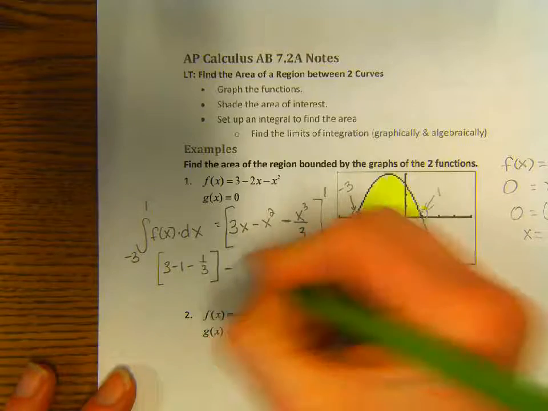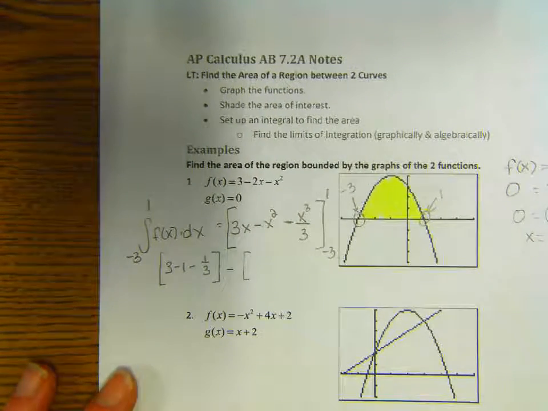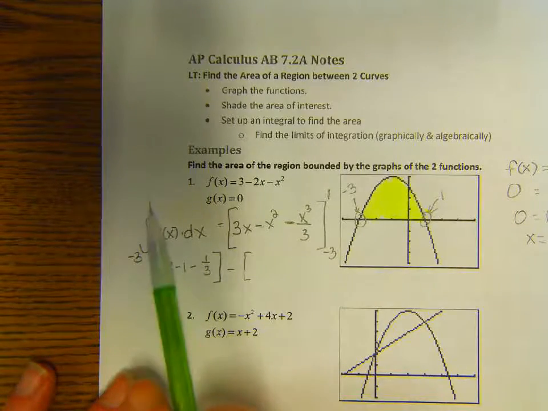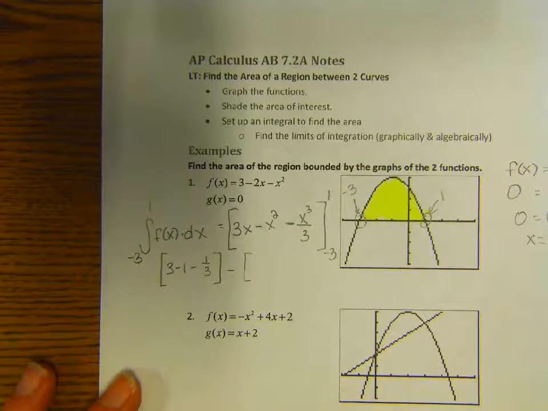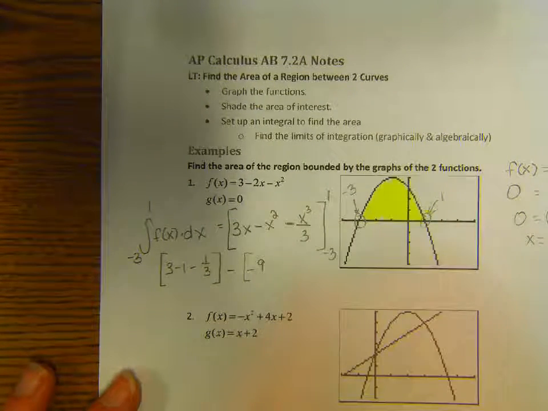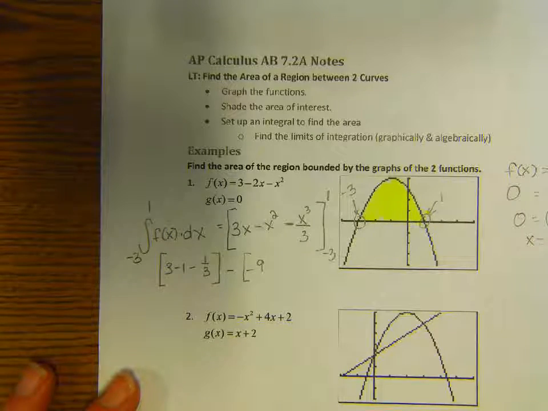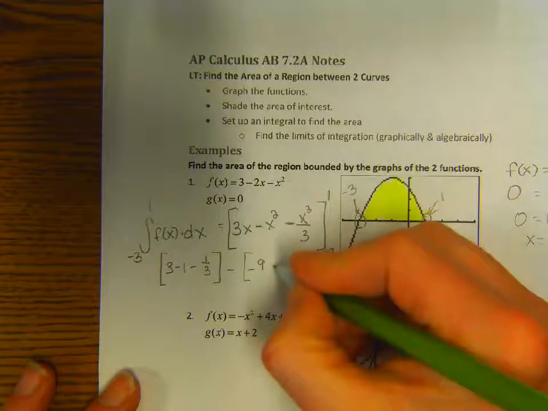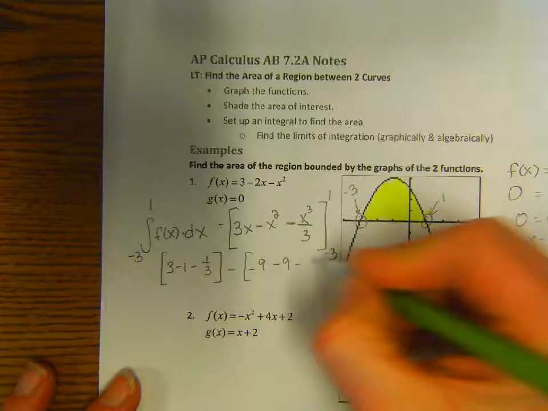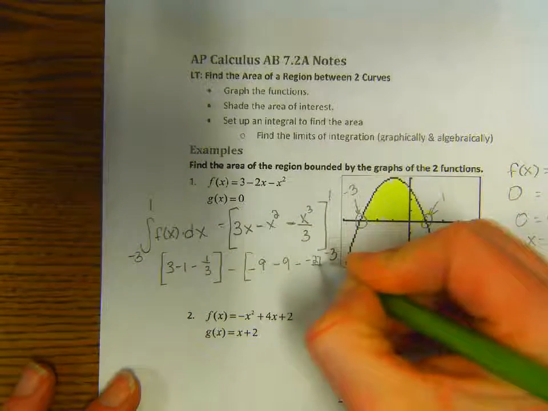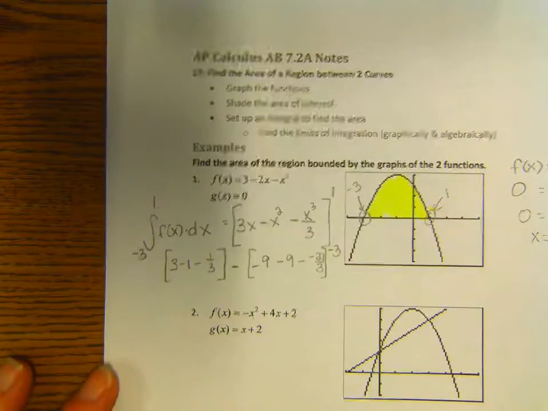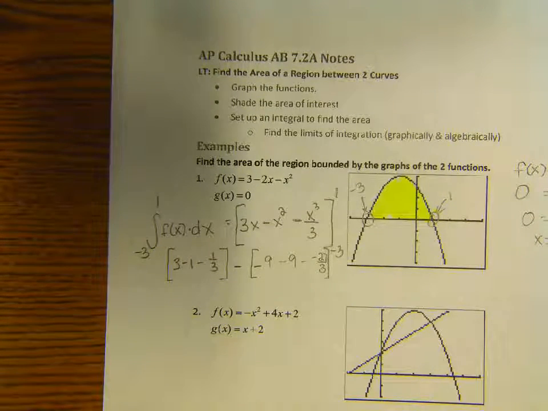And then when I put the -3 in, so I'm doing the antiderivative at 1 minus the antiderivative at -3, this would be -9 minus 9 minus a -27, which is also 9. Okay, be careful of negatives here.